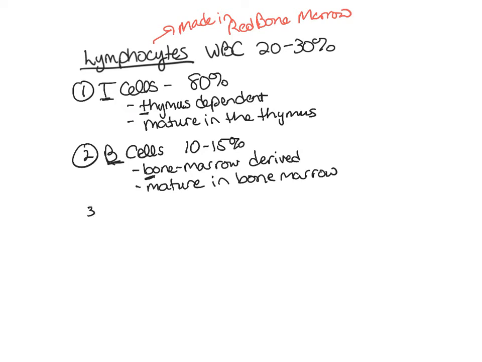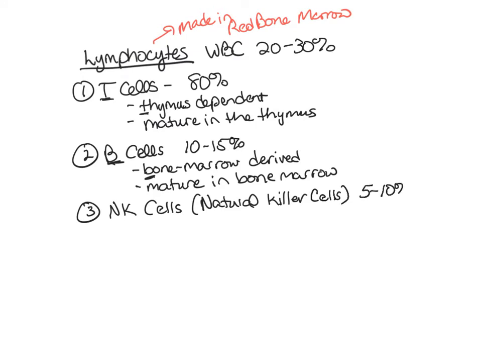Then finally we have the natural killer cells, NK cells. These natural killer cells make up 5 to 10% of the circulating lymphocytes, and they attack any foreign cells.